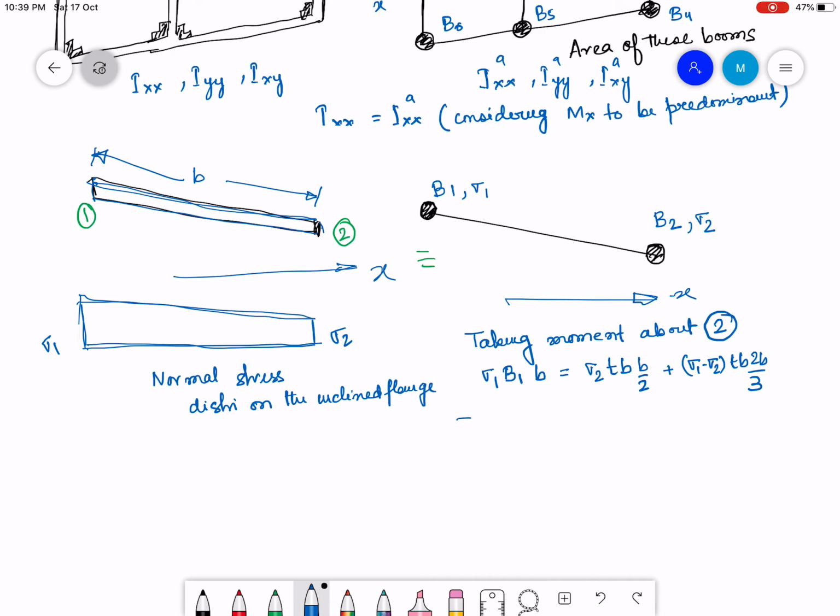So if I do so, then I get B1, which is the area of boom 1, as tb by 6 into 2 plus sigma 2 by sigma 1. Okay. Similarly, if I take moment about point 1, B2 is going to be tb by 6 into 2 plus sigma 1 by sigma 2.